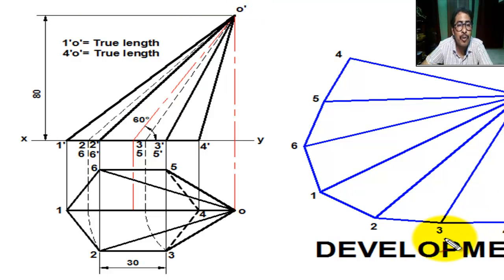Now join 1 dash and O dash, join 2 dash and 6 dash with O dash, the same line. Join 3 dash and O dash or 5 dash and O dash, the same line.